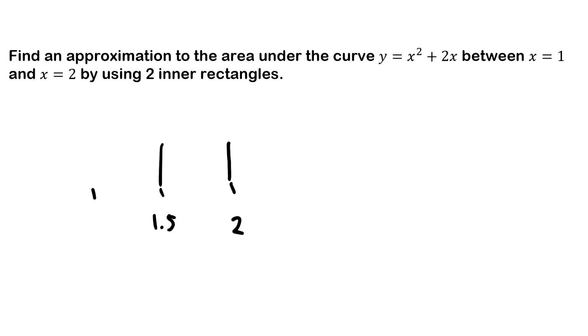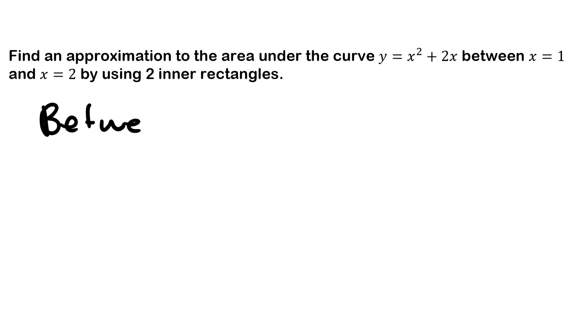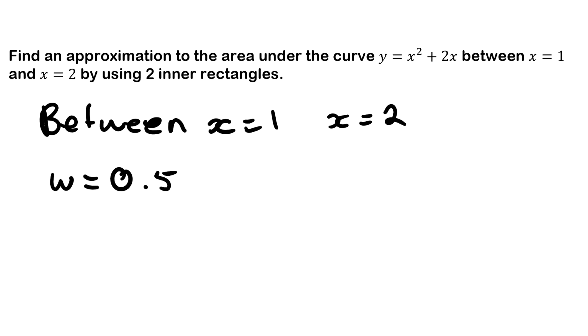Okay, so it's important to note that between x equals 1 and x equals 2, we know we have 2 rectangles, and the width of each rectangle is going to be 0.5. So we have the start of one rectangle at x equals 1 and the start of the other rectangle at 1.5.